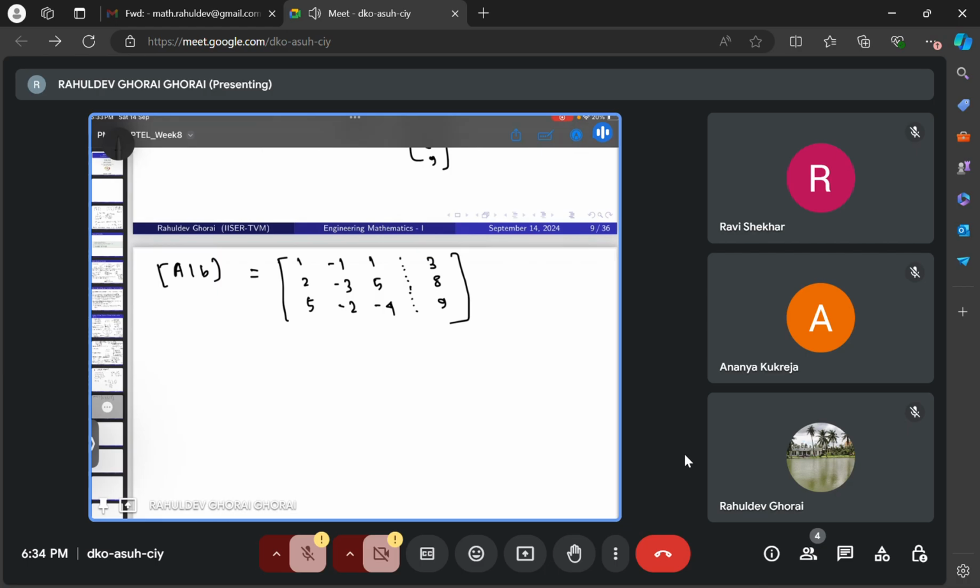At least try, and give me the row echelon form of this matrix. I'll wait for some time.